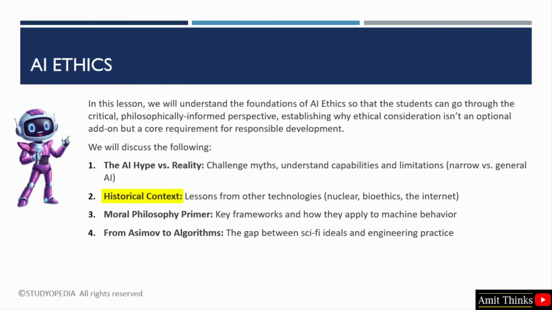Then comes historical context: learn from past tech revolutions, nuclear energy, bioethics and the internet to understand ethical pitfalls. Third one is moral philosophy primer: review key ethical frameworks and how they relate to machine actions and decisions. The fourth one is from Asimov to algorithms: examine the gap between sci-fi visions and real-world engineering challenges in AI.